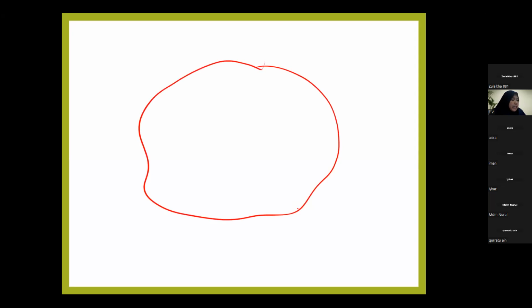Okay, so I'm going to draw you a cell. Let's say we are talking about a cell right now. Ini satu cell. Sel apa ni? Let's say this is a pancreatic cell. Pancreas contohnya. So ini adalah pancreas kita. And this is the nuclear envelope.